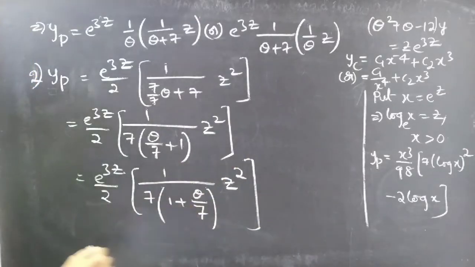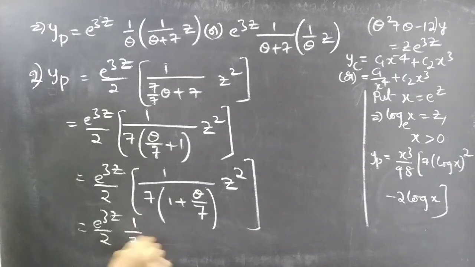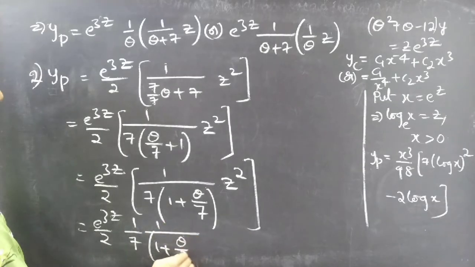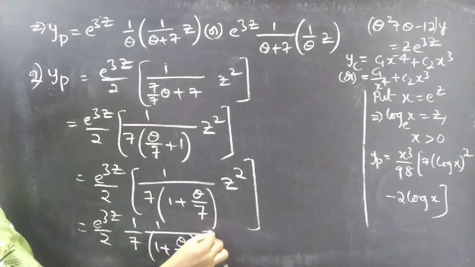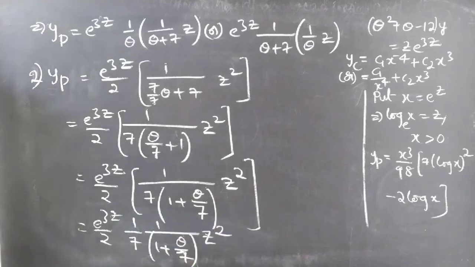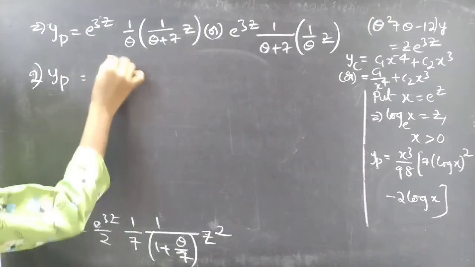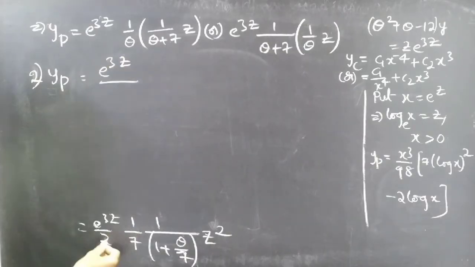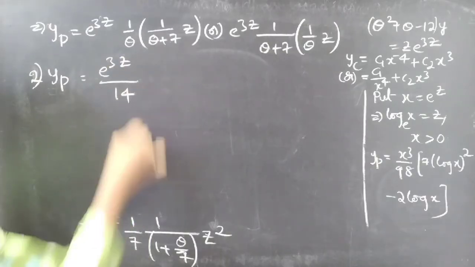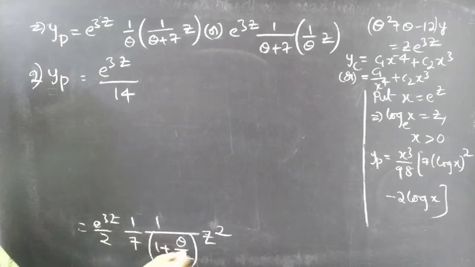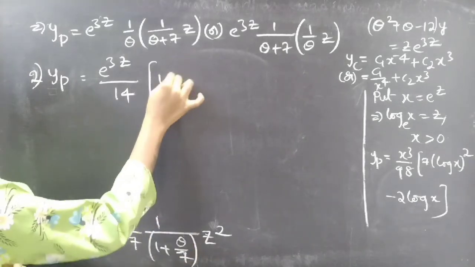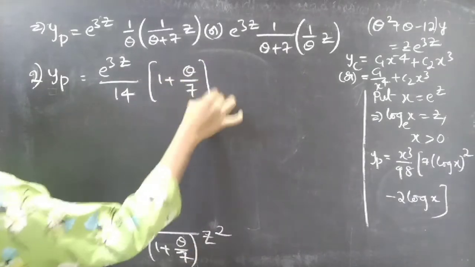Now split this fraction. We'll get 1 by 7 into 1 by 1 plus theta by 7 into z square. This becomes e power 3z by 2 7s are 14 into, we can write 1 by 1 plus theta by 7 as 1 plus theta by 7 whole inverse.